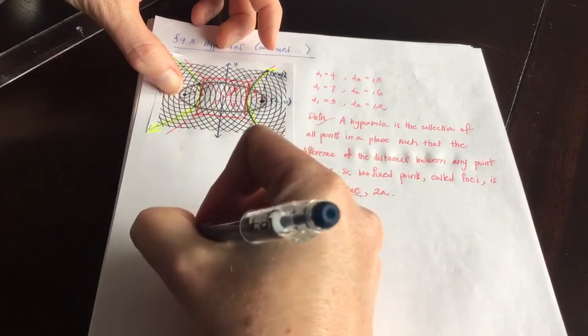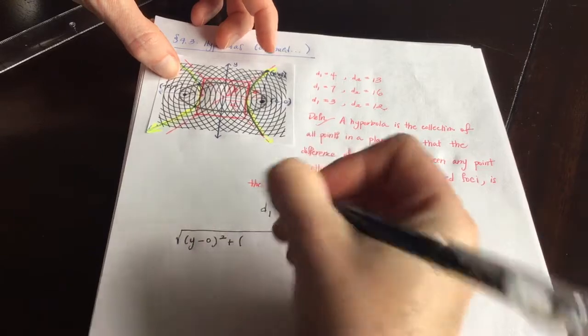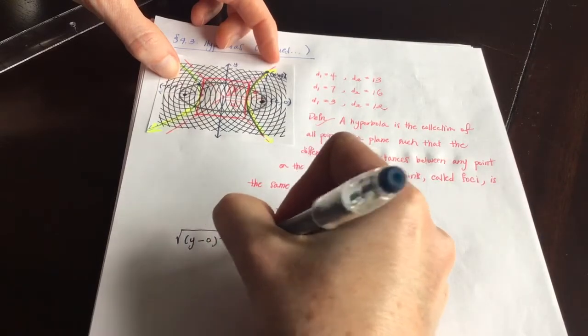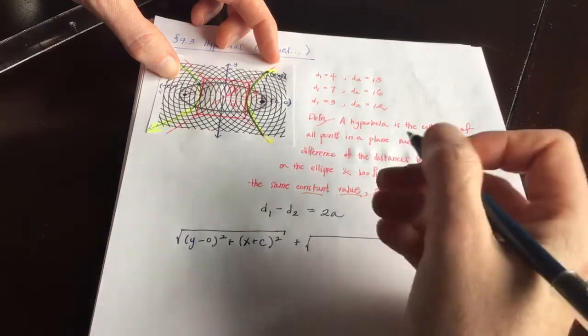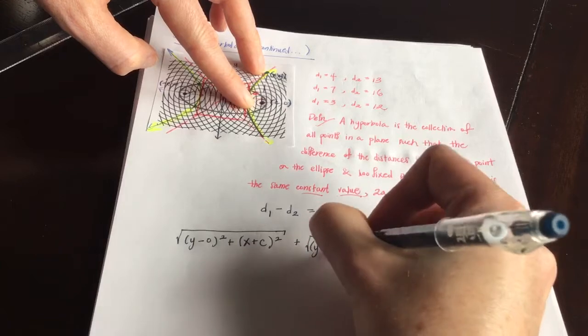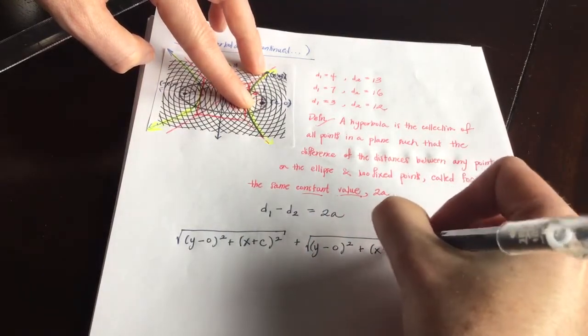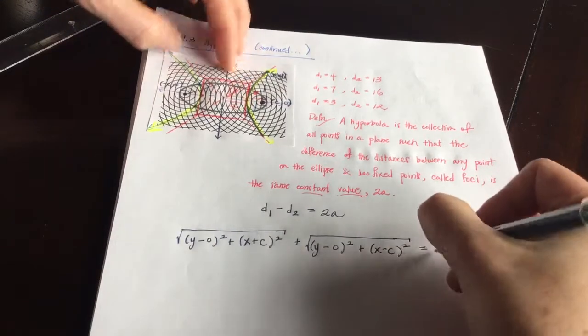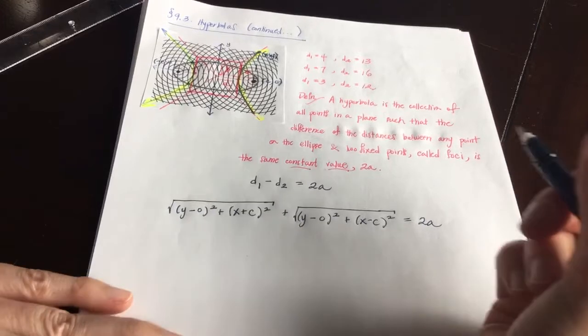So square root of quantity y minus 0 squared plus x plus c squared. Second expression, y minus 0 squared plus x minus c squared. And the difference between the two distances is always going to be 2a.